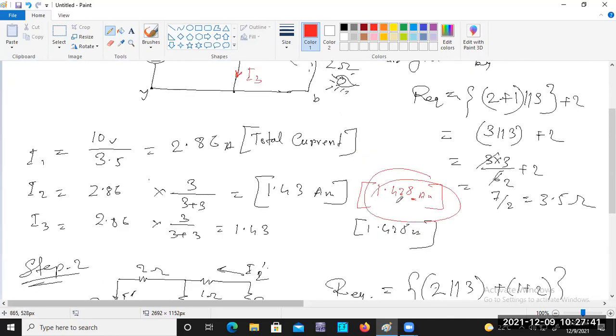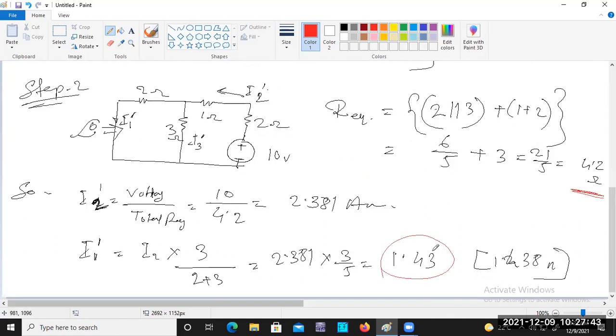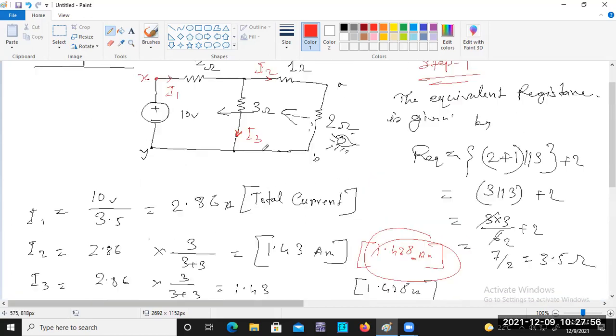This is 1.428, truncated to this position. So whenever the source position is interchanged, the current will be the same, because the current in this position and the current in that position will be the same.